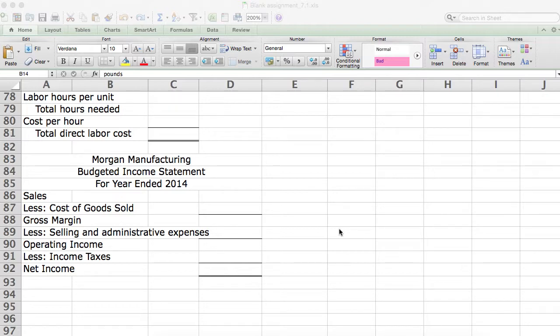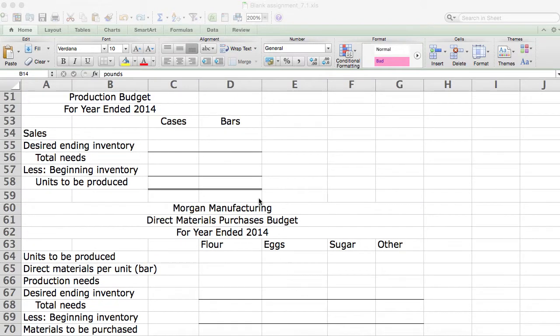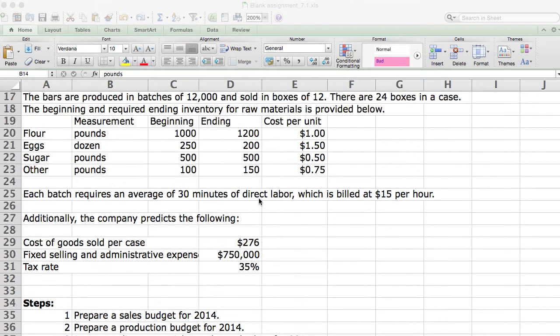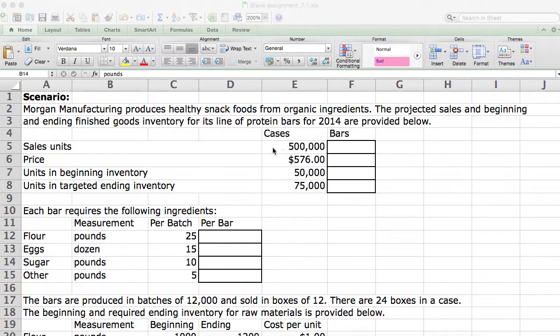And then lastly, we want to understand what is our budgeted income statement for the year end. So the sales quantity, which is the total number of sales provided up top, is always multiplied by the price per case. That gives us our total revenue.